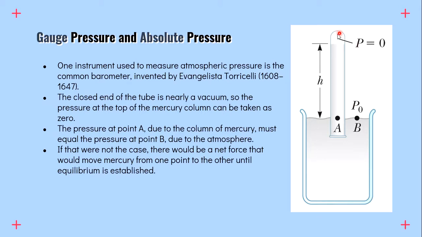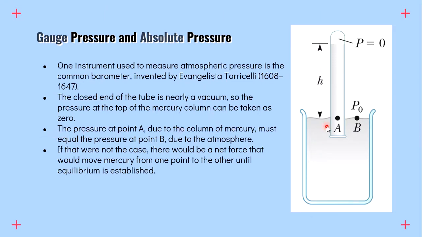And at the tip of that tube there is a small gap, but that small gap is supposedly vacuum, so the pressure there is supposedly zero. So the closed end of the tube is nearly a vacuum, so the pressure at the top of the mercury column can be taken as zero.